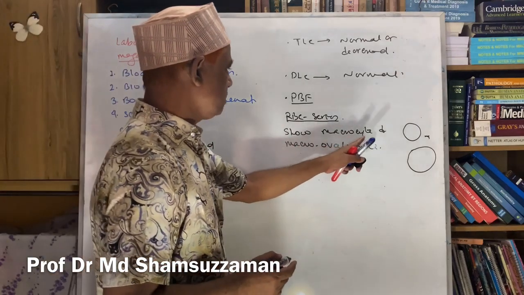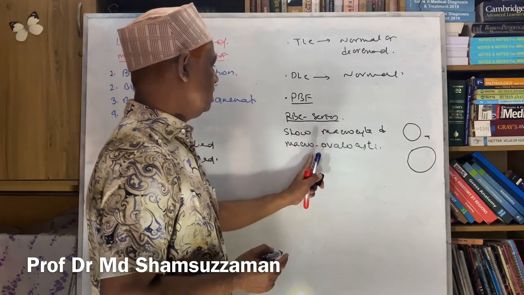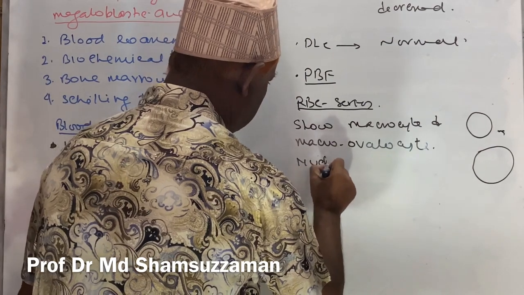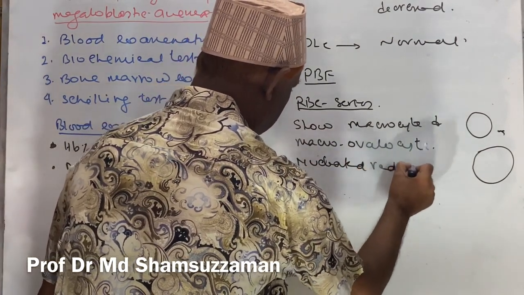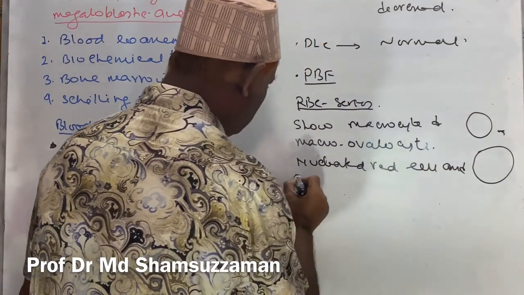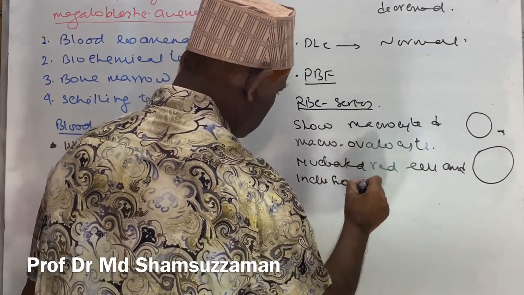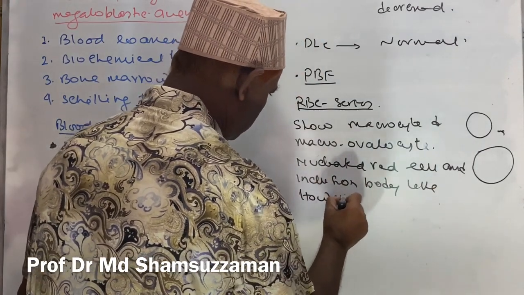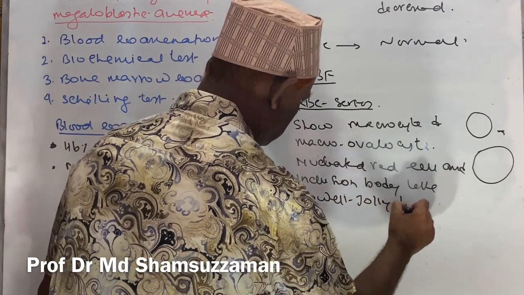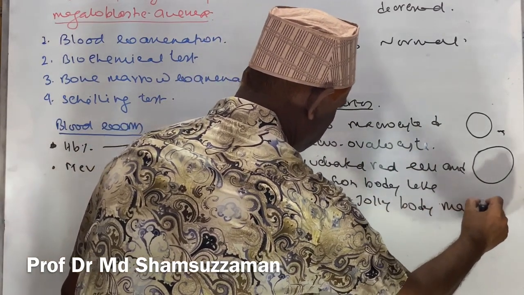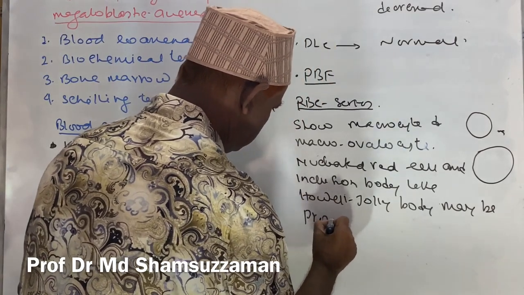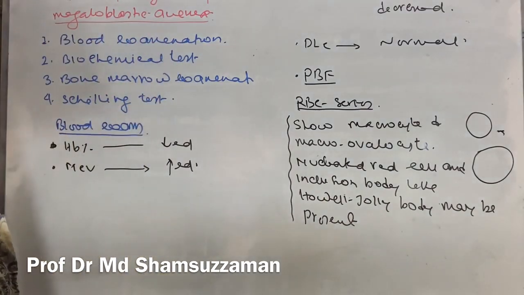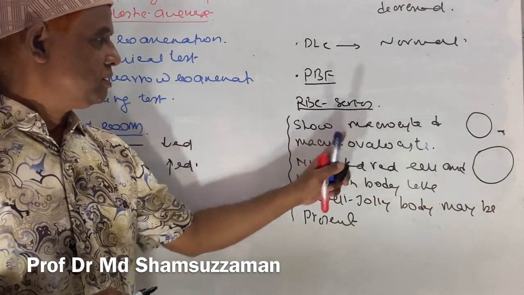So important findings of megaloblastic anemia in the RBC series: macrocyte and macro-ovalocyte.